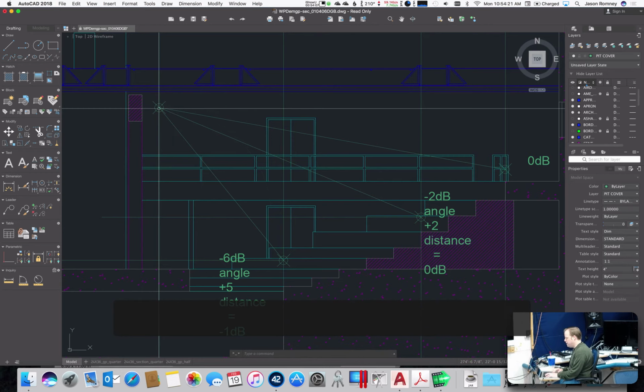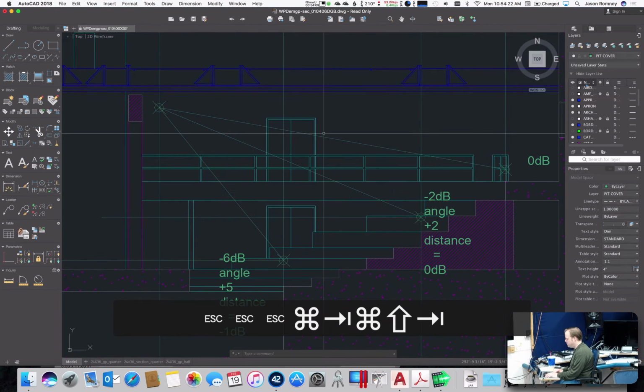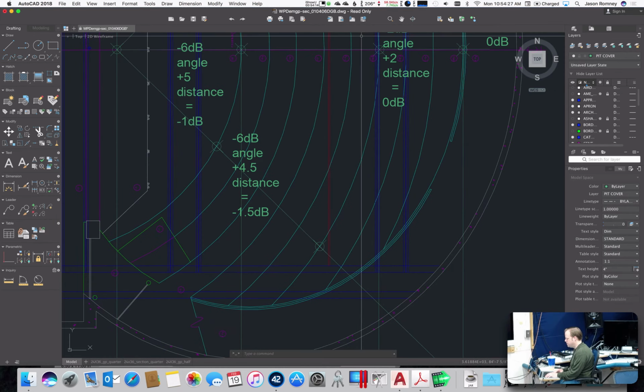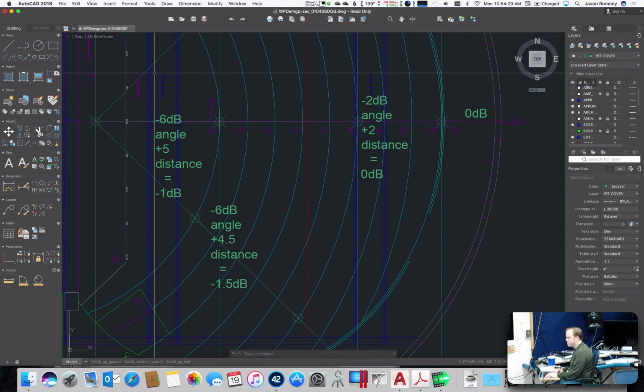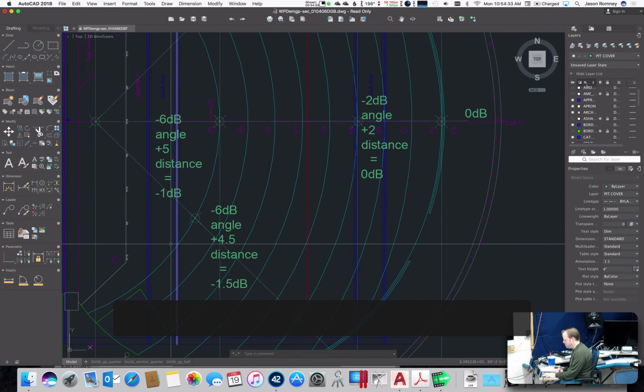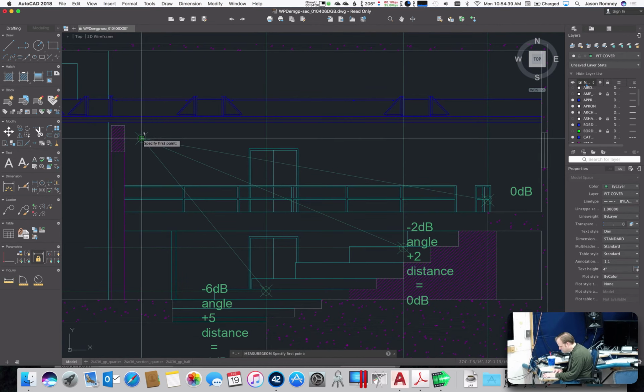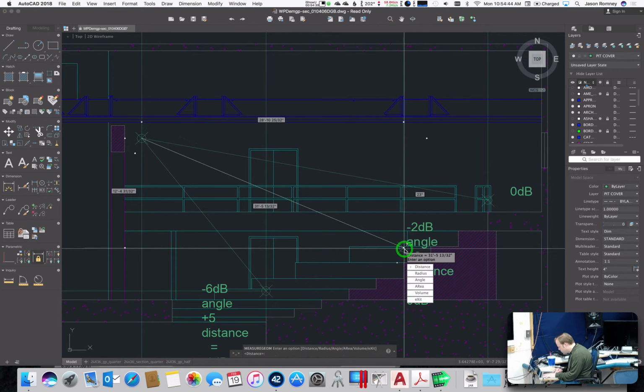Okay, so how far away is that seat? Say that again. 33.82 feet. Okay, somebody write that down. As compared to what was the original distance for the center? Nobody wrote that down, so we'll do it again. 31.5. Okay, so what's the dB difference between those two numbers?